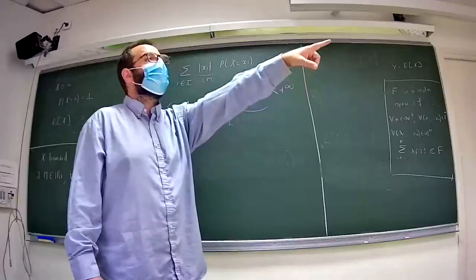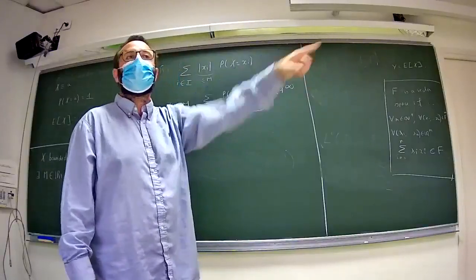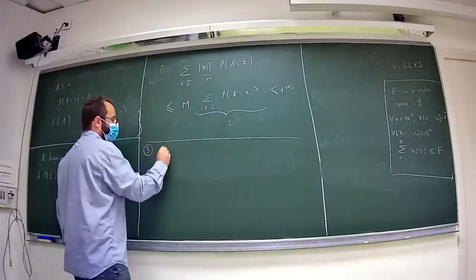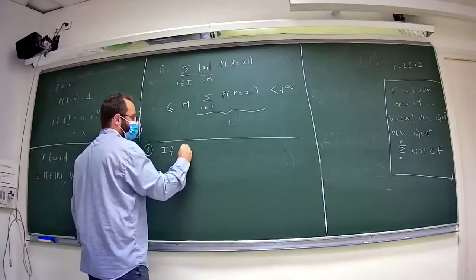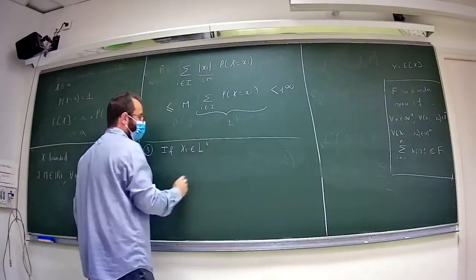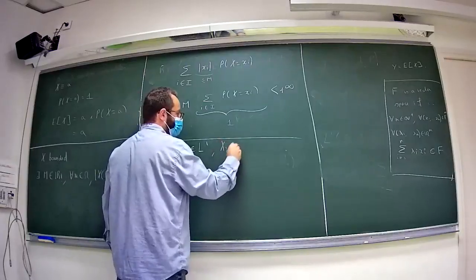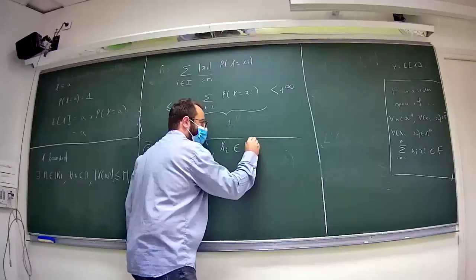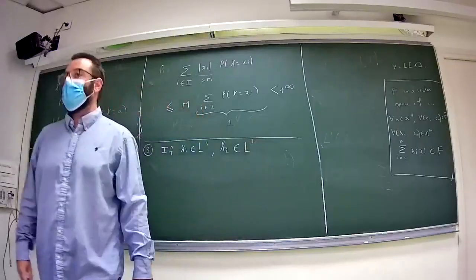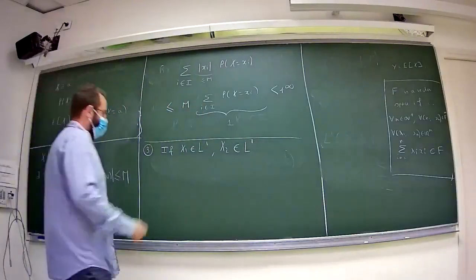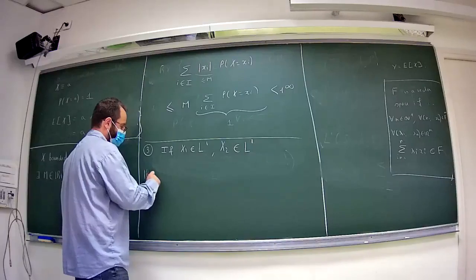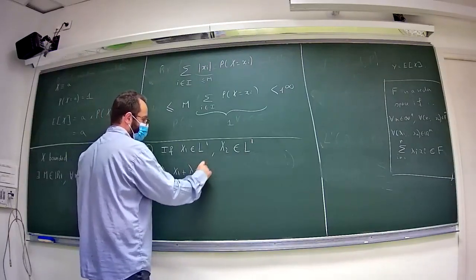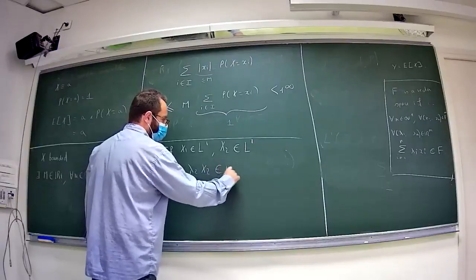So what is the meaning of this in my statement 3? It just means that if you have x1 that belongs to L1, and x2 belongs to L1, excuse me, so you have two elements in L1, then lambda 1 x1 plus lambda 2 x2 also belongs to L1.